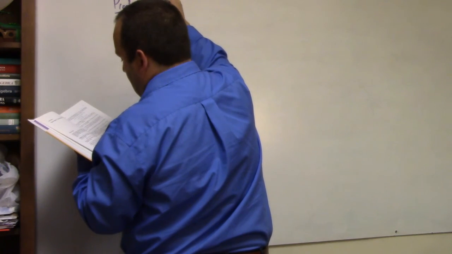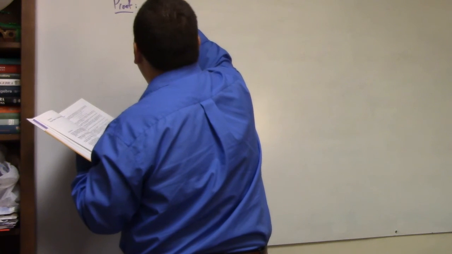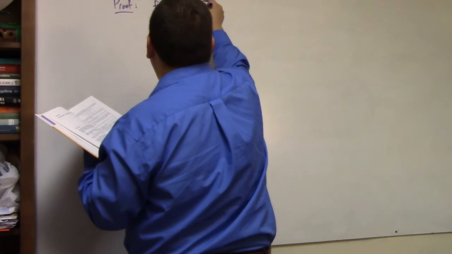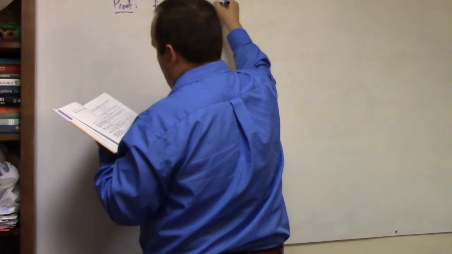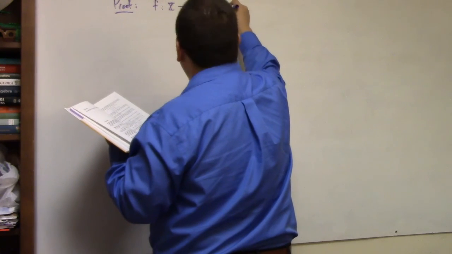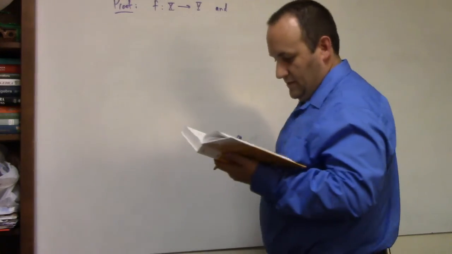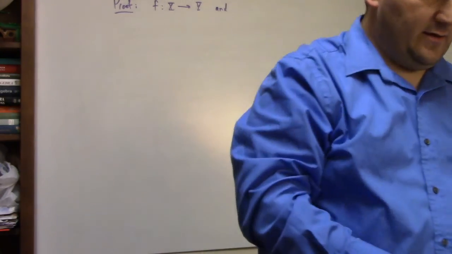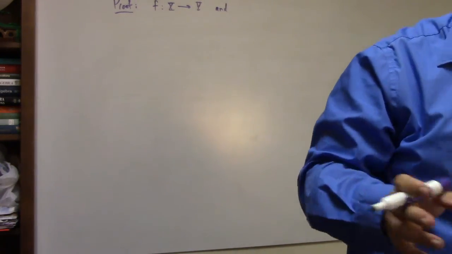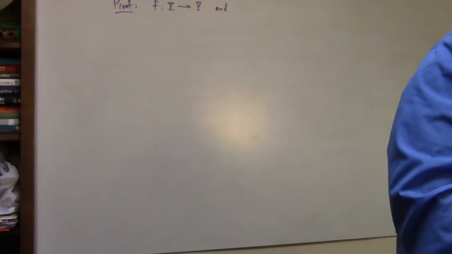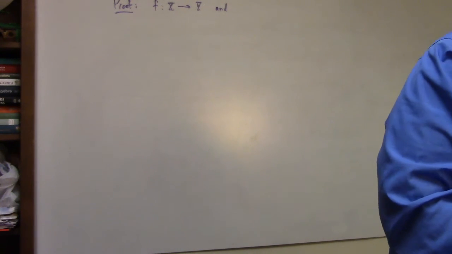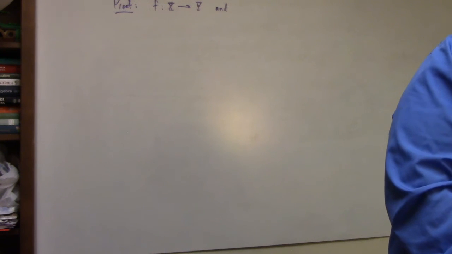Suppose f is going from X to Y, and we want to show that f is reflexive, that it is homotopic to itself. So how should we do that?